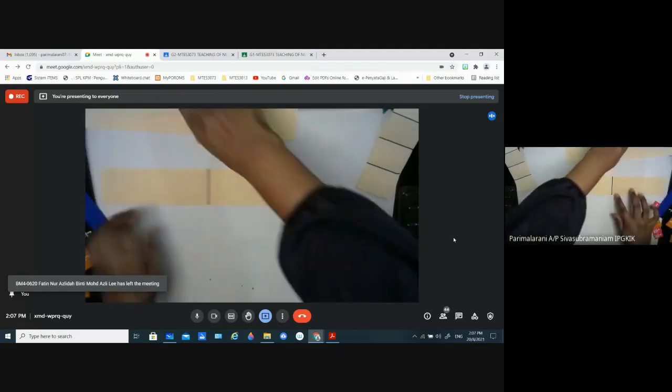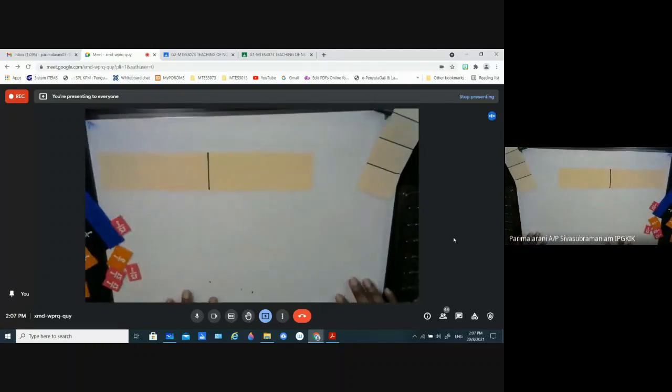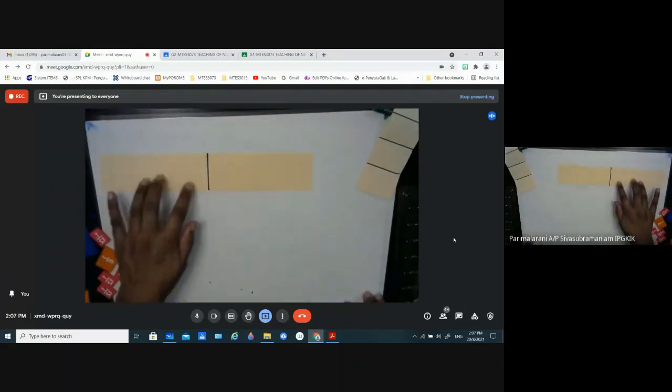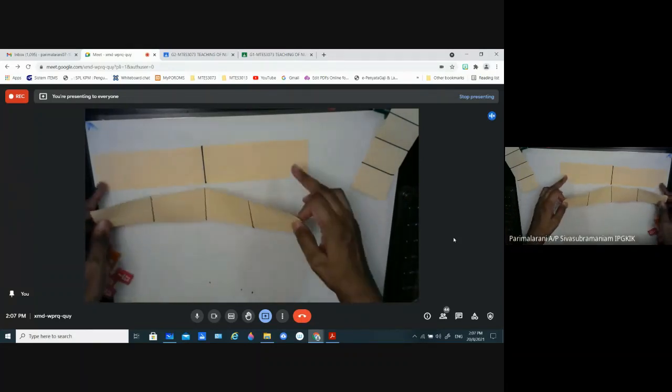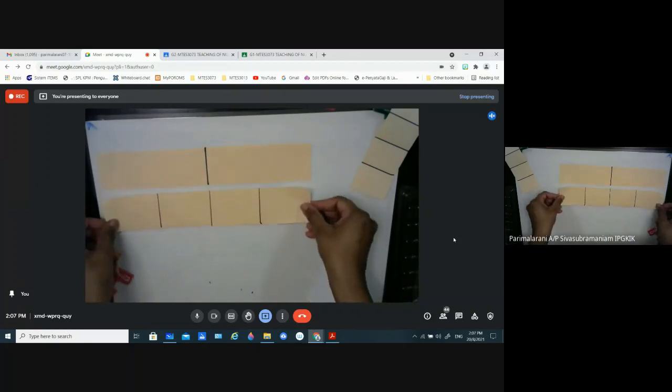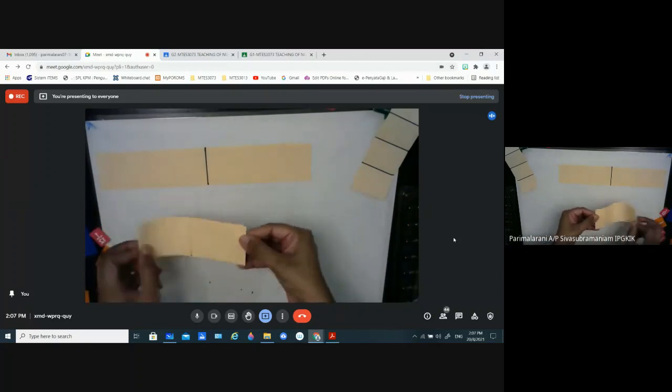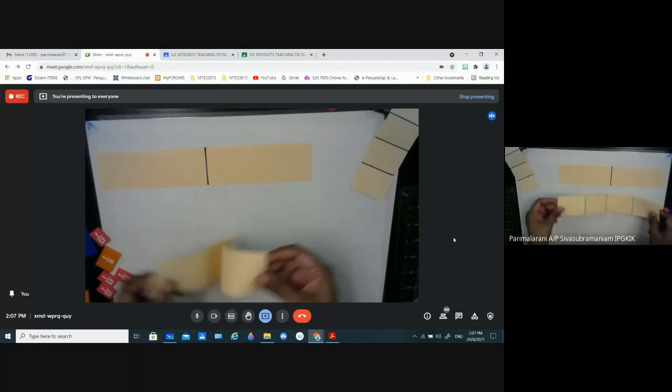Let's say we want to find equivalent fractions for 1/2. This is 1/2 here. We give them paper strips. We use another paper strip, exactly the same size and length. We divide it into 2 and then divide it into 4, open it up, draw the lines.